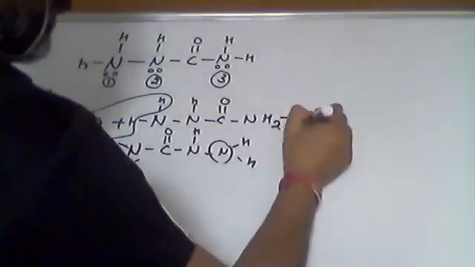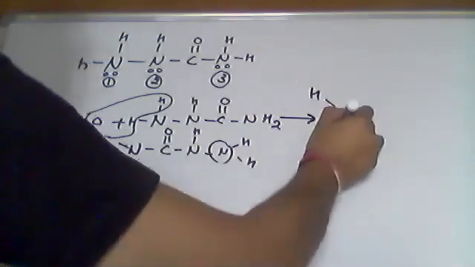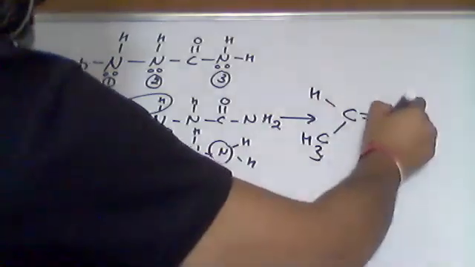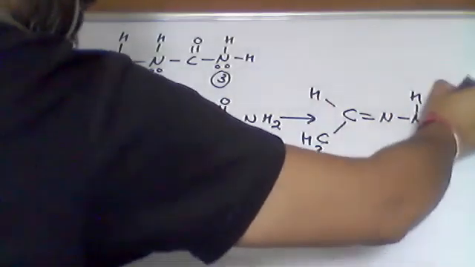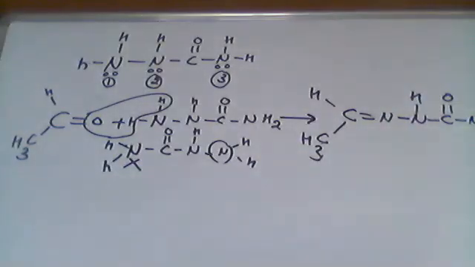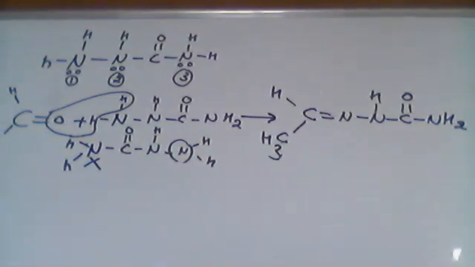The product formed will be CH3, CH double bond nitrogen, then NH, then C double bond O and NH2. This will be the product, the semicarbazone of acetaldehyde.